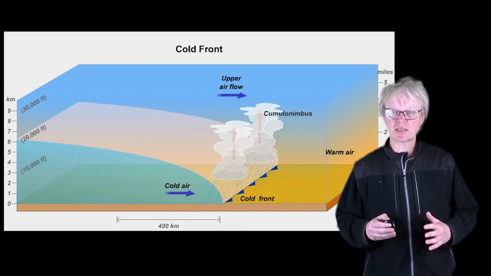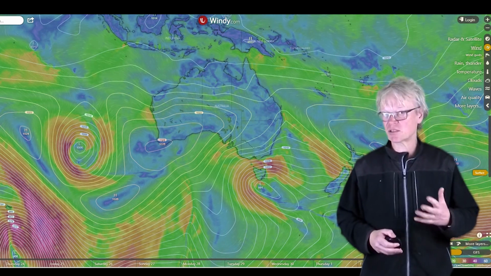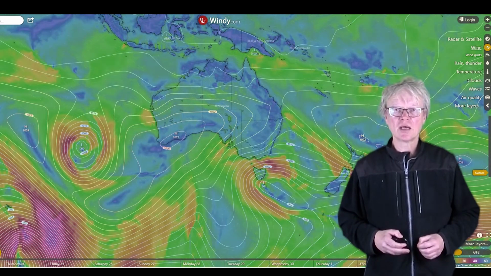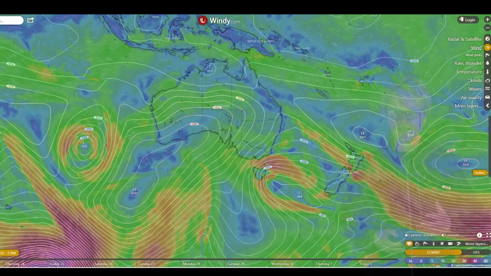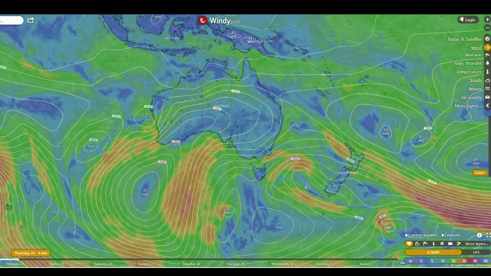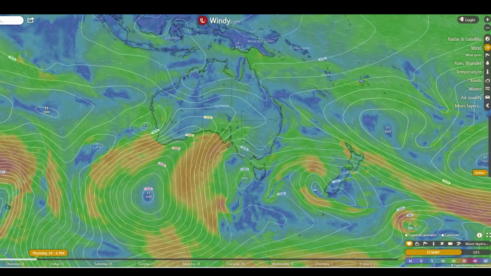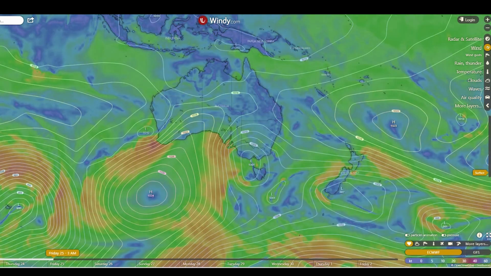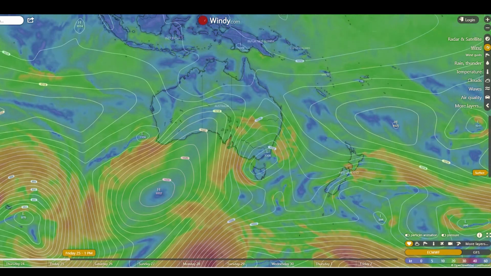So I'm just going to finish this lecture by tying in air masses, fronts, and one of the things we've looked at before, which is pressure systems. You can have a look at this fabulous website, and you can see the high and low pressure cells there, and showing in this animation is real-time forecasted weather and wind movements.